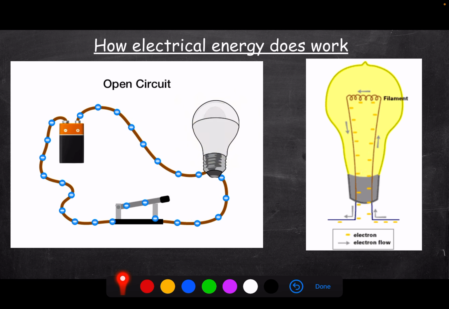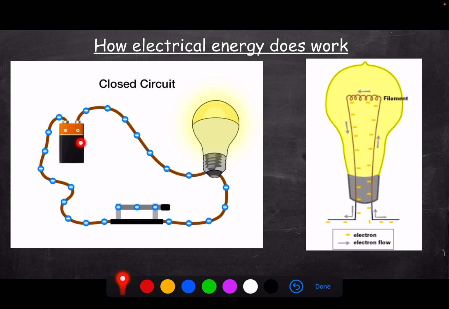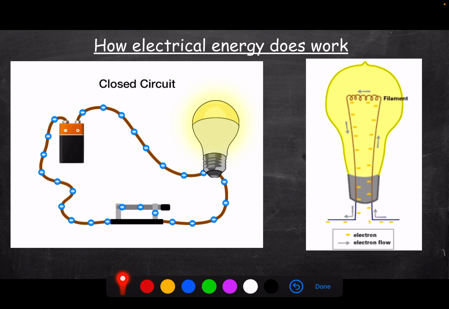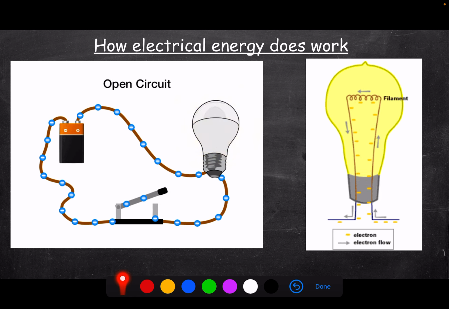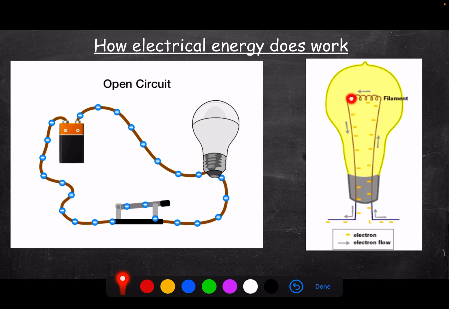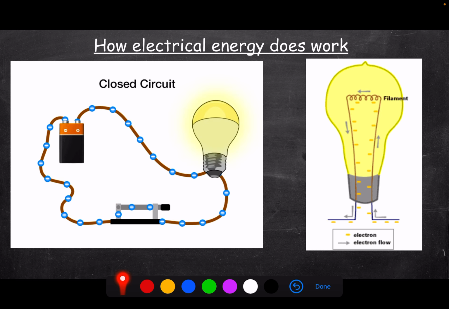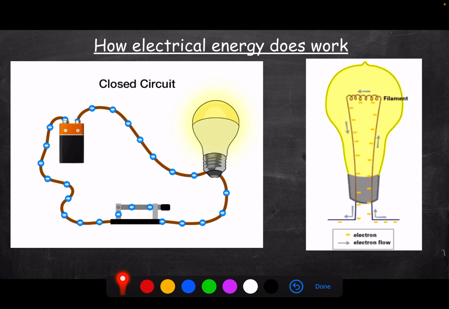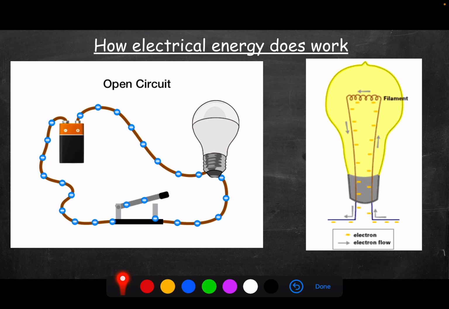So the current is generated by the voltage, which is provided by the power source, which is the cell or battery. And the way that the light bulb works is when the electrons move through the filament, which is this middle section here, the coil in the middle of the light bulb, they actually bump into the atoms more because the wire is not completely straight.